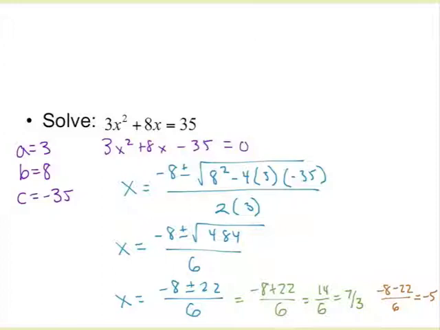So if you end up with all nice, clean, integer values, we actually want to separate that plus and minus and do them individually. We want to do the plus on the top, and then divide out, and do the minus, and then divide out, if they are all nice, clean, integer values. Questions? Those are our answers. So those are our two answers, the 7/3 and negative 5.